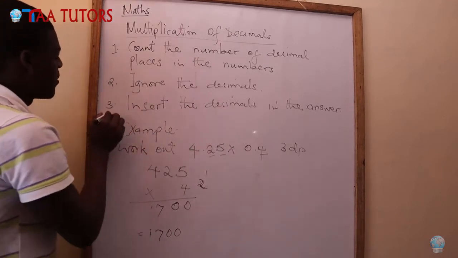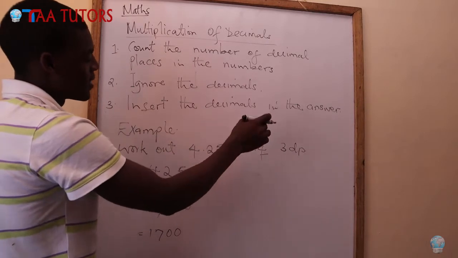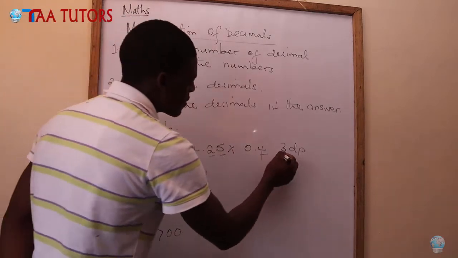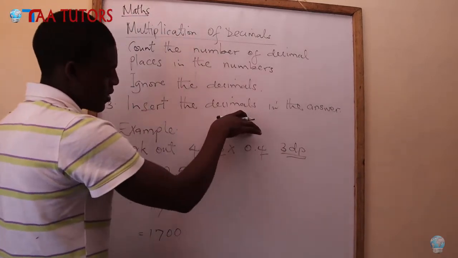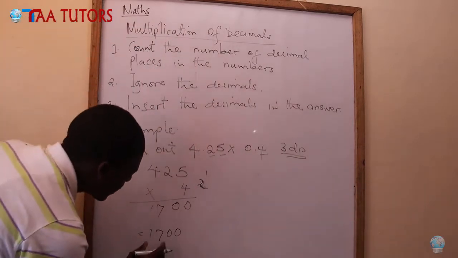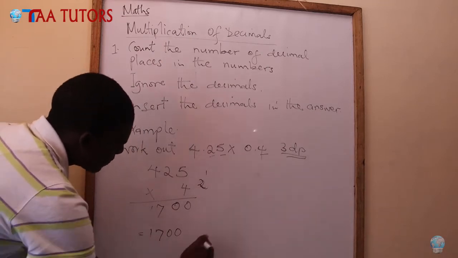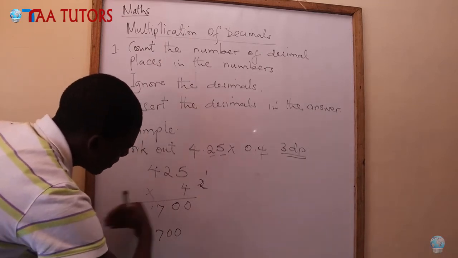Then we come to the third part. The third point, insert the decimals in the answer. The decimals we are inserting are the ones we counted when starting this operation, that is multiplication. So we come here and insert the decimals, and when inserting, we start from the right hand side going leftwards.